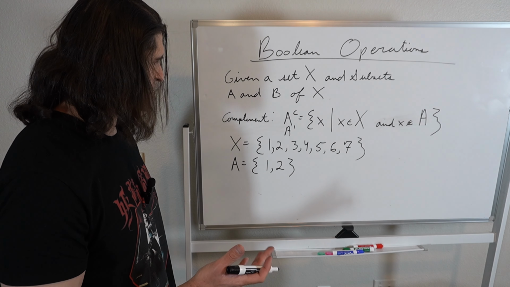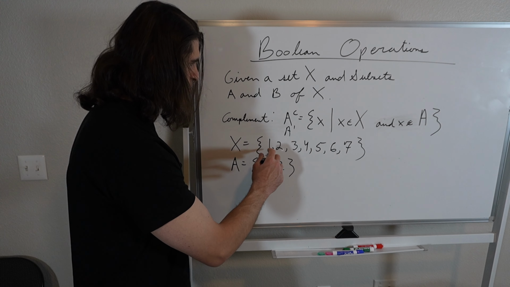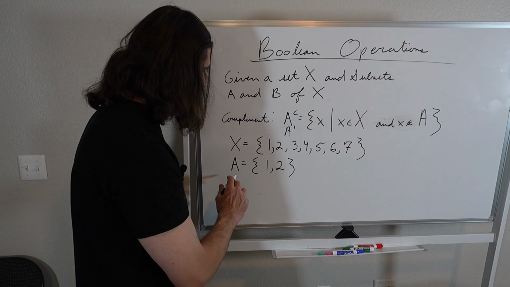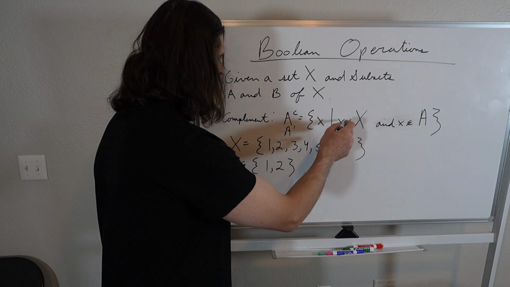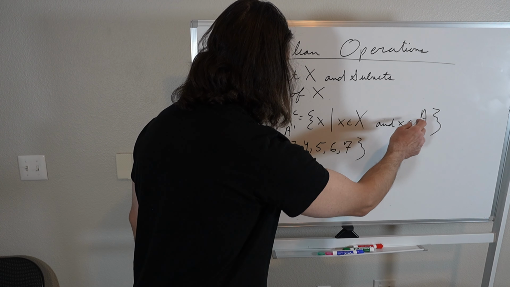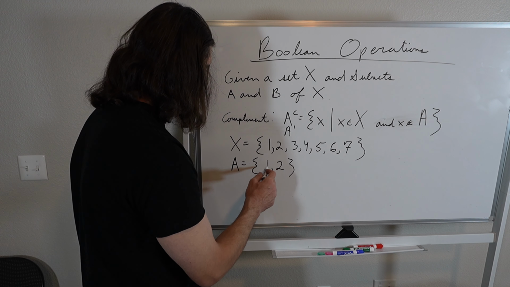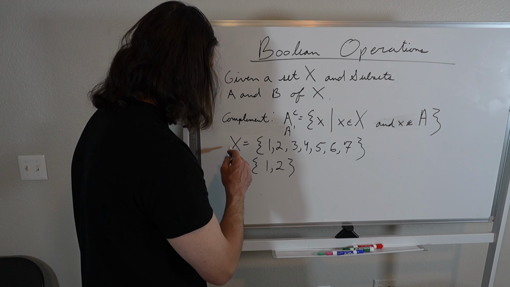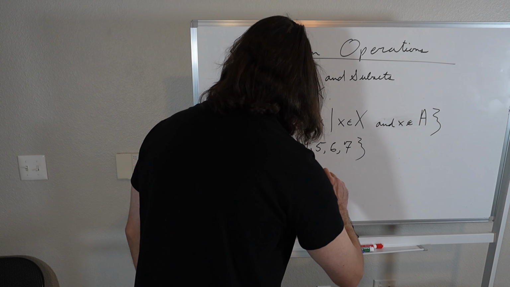So using the same sets we've been using this whole time, my universal set, big X, is 1, 2, 3, 4, 5, 6, 7. A is still just 1, 2. So X is a member of the universal set X, but X is not in A. So from these, we're basically just going to eliminate the values in A. We're just going to take the universal set, but remove the values that we had in A. And we would write this like this.